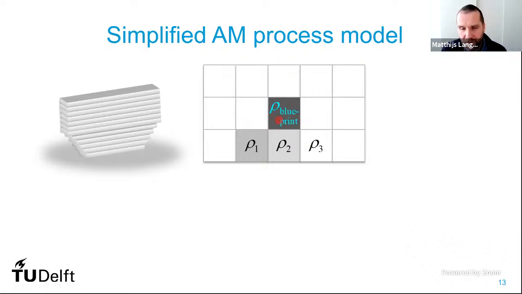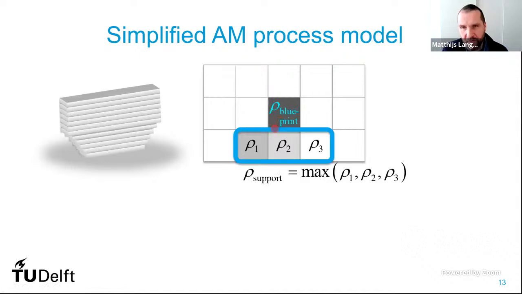And now we introduce a geometric rule that we say in order to print something on top of a previous layer, its density should not be higher than the maximum density in the previous layer, because otherwise it would not be properly supported. So we calculate the maximum supporting density of this set of three elements, so taking the maximum of these three densities, quite simply.